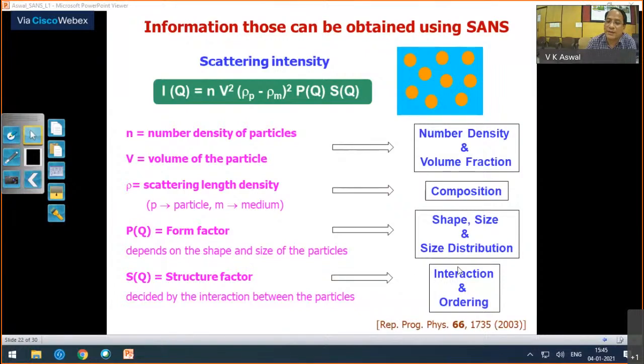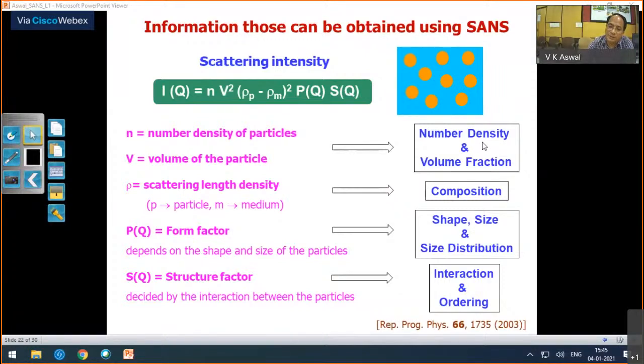And from the structure factor, you can get information on interaction and order. And from this contrast factor, rho p minus rho s squared, you can learn more. So these are various things you can get for your system by small angle neutron scattering.